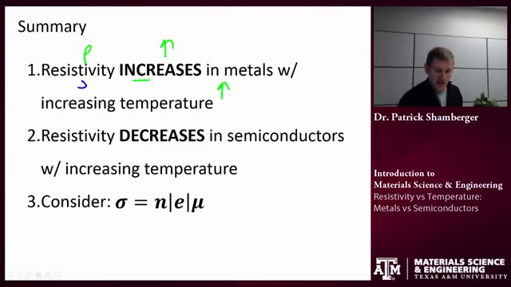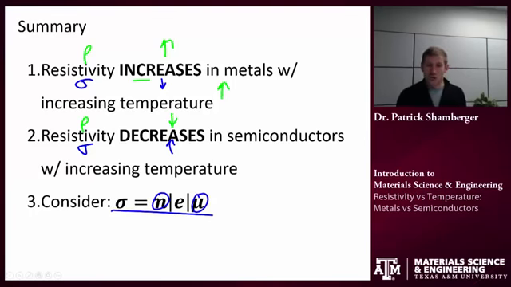The corollary is that conductivity would decrease in metals, right? Semiconductors are the opposite. Resistivity will decrease as I increase the temperature, which also means that the conductivity will increase as I increase the temperature. And just as when we were considering the role of dopants, we need to think about the individual roles of these different terms in the overall conductivity.